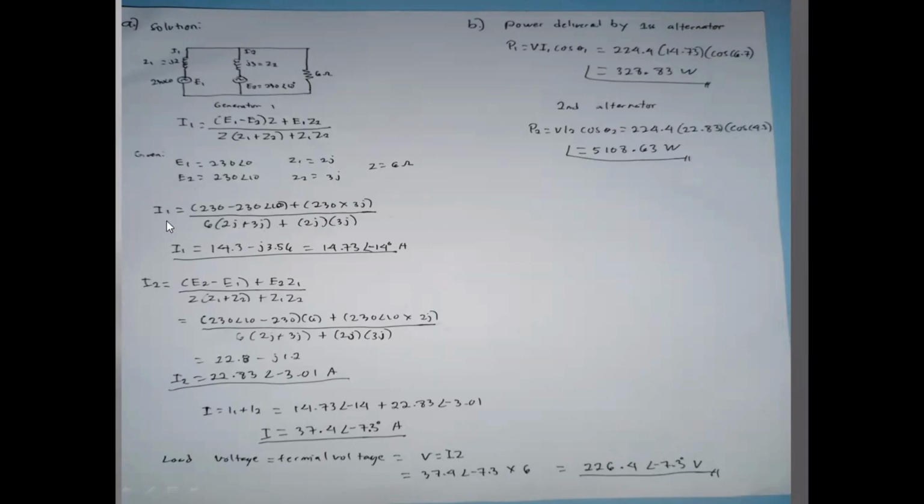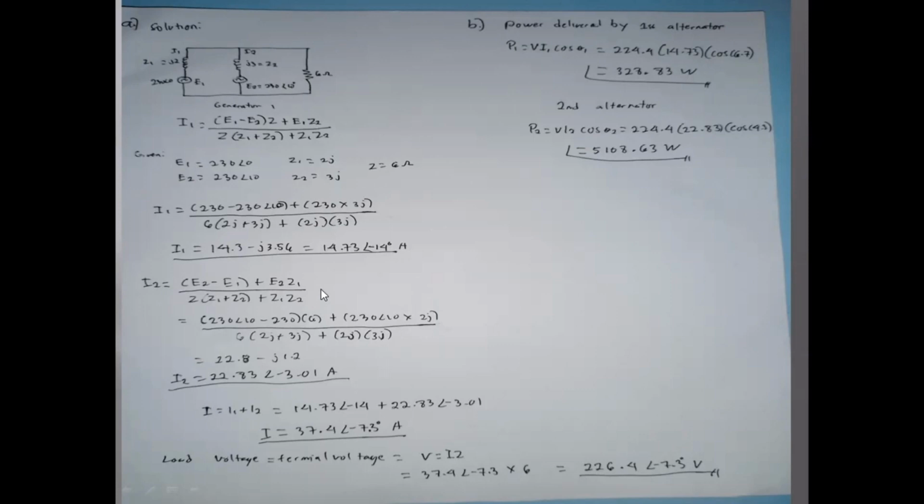I1 is 230 minus 230 angle 10 plus 230 times j3 over 6 times j2 plus j3 plus j2 times j3, which equals 14.3 minus j3.6. So the angle is 14.73 angle negative 14 ampere.